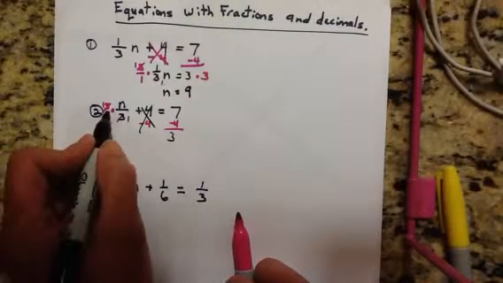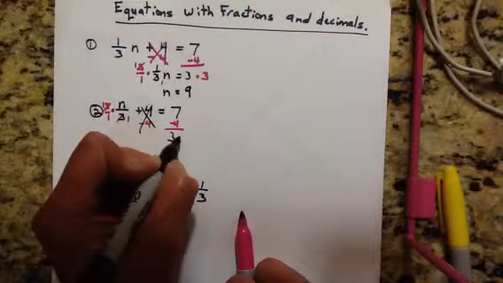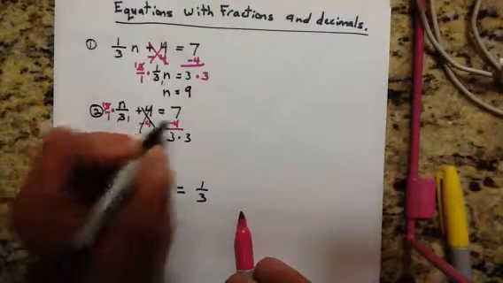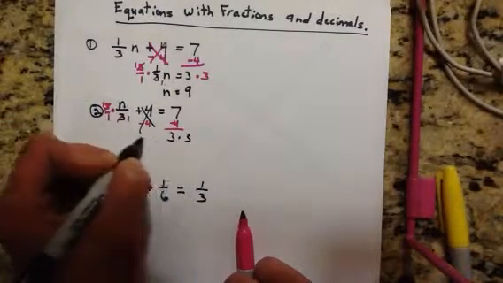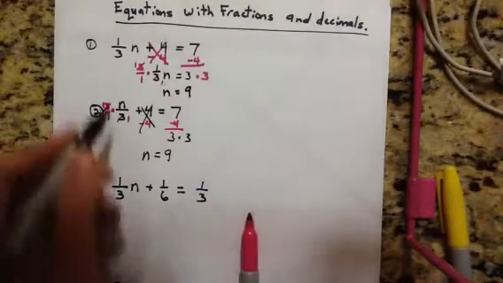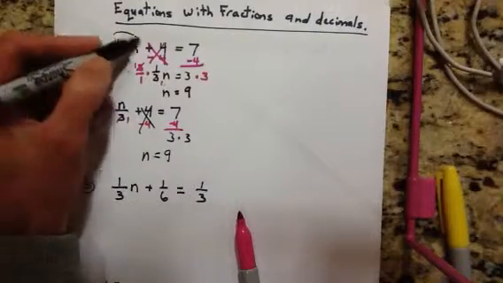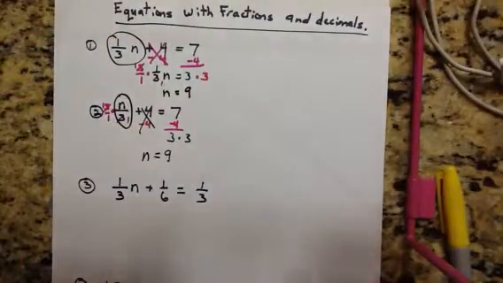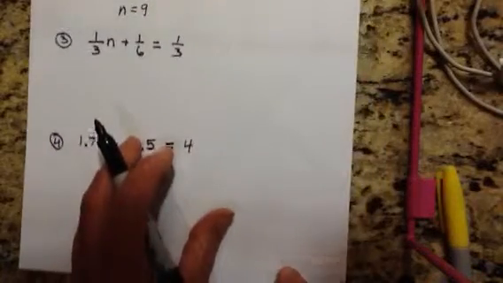As you times that side by 3, this side should have been times by 3 as well. So first you're minus 4, then you're times by 3. And 3 times 3 is 9, so n equals 9. But I just wanted you to know that this and this is the same thing. Okay, let's look at something else.